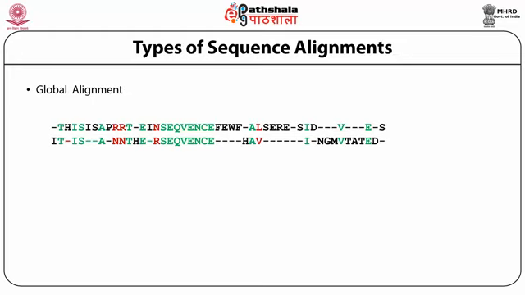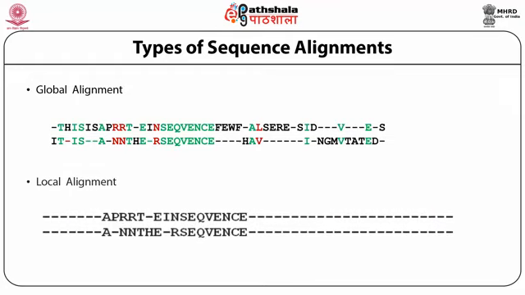On the other hand, the middle portion involving insertion deletion of single amino acids shown at the bottom of the slide may be biologically relevant alignment. Therefore, if only these residues with single gaps are considered, then this is called local alignment.